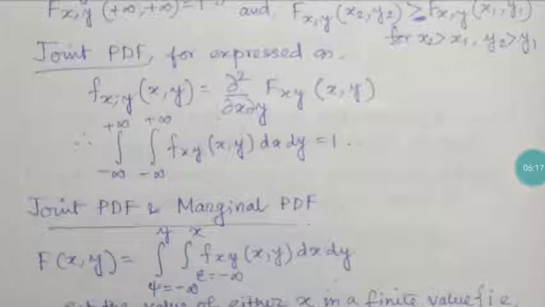So the next point is joint PDF and marginal PDF. I already told you what a joint PDF is, and now what a marginal PDF is. In that range of minus infinity to plus infinity, if two points are taken as x and y, and on the other side the value is minus infinity, it is represented by epsilon and psi, the leaving range of y is to psi and the leaving range of x is to epsilon.